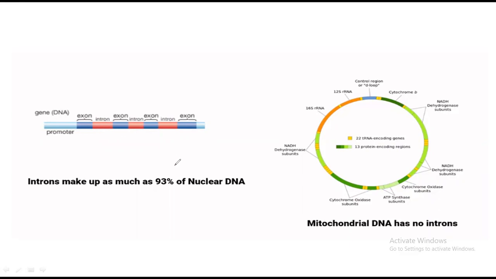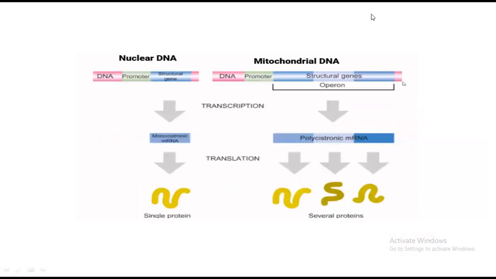But I want to tell you that mitochondrial DNA does not consist of any introns. All the genes will be totally exon. They will code for a specific protein. It will not have any intron. But in the nuclear DNA there are introns, and in the mitochondrial DNA there are no introns. Okay, there are totally exons. Keep this difference in mind.